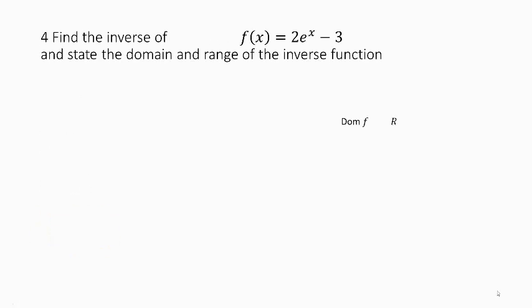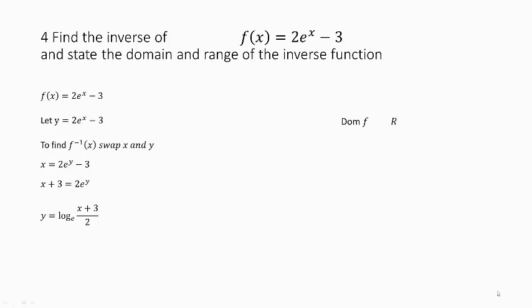Okay, let's find the inverse function of f(x) equals 2e to the power of x take 3. Again, state the equation. Let y equal 2e to the power of (x take 3). To find the inverse, we're going to swap x and y. Must write that down. Swap x and y, so x becomes 2 e to the power of (y take 3).